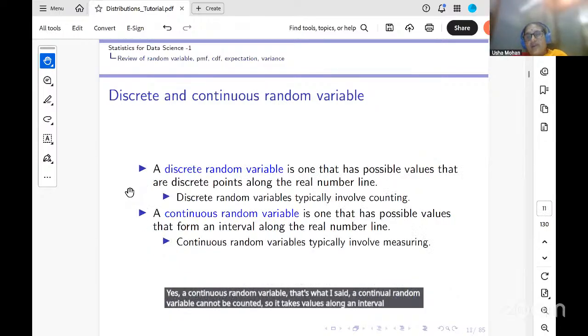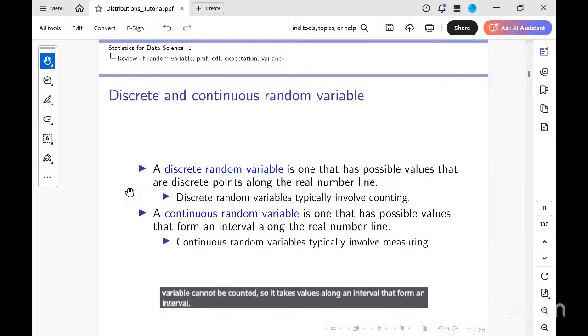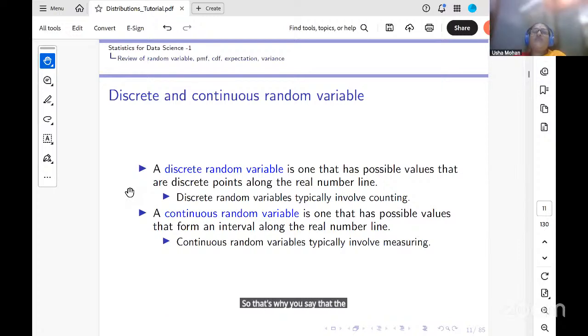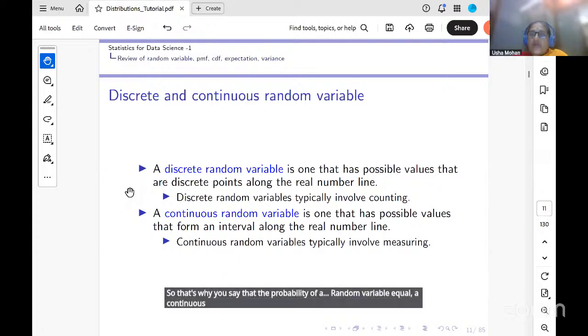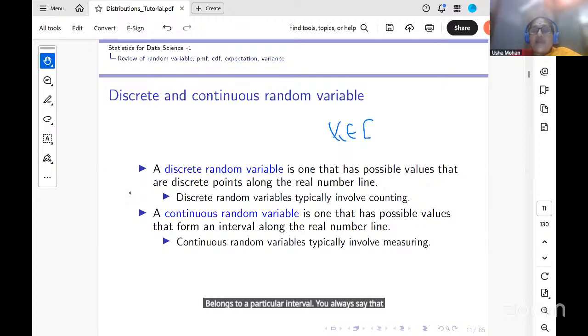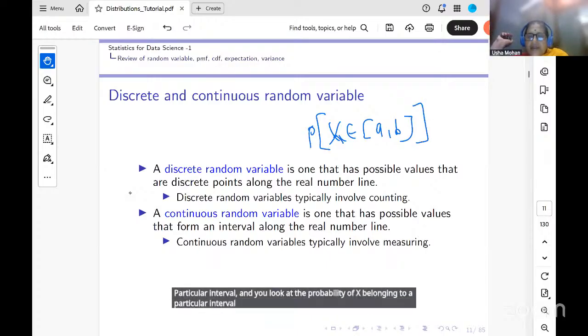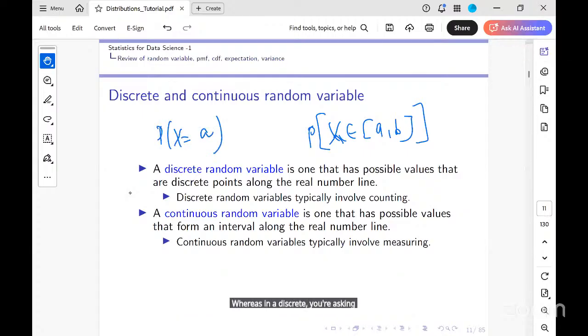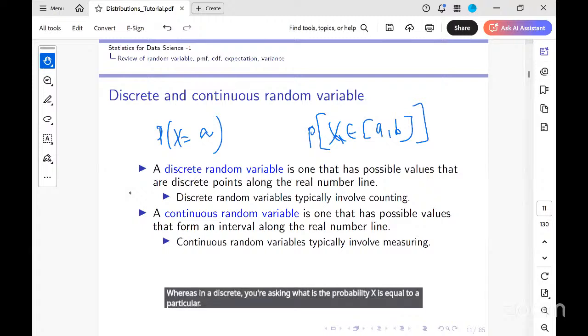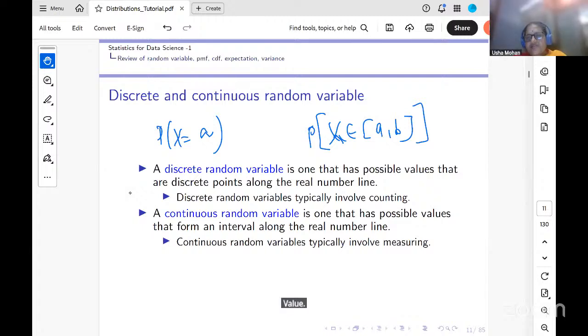That's why you say that the probability of a continuous random variable being equal to any particular value is always assumed to be 0, because it belongs to a particular interval. You always say that x belongs to a particular interval and you look at the probability of x belonging to that interval. Whereas in a discrete case, you're asking what is the probability x is equal to a particular value. That is the key difference. Is that clear?